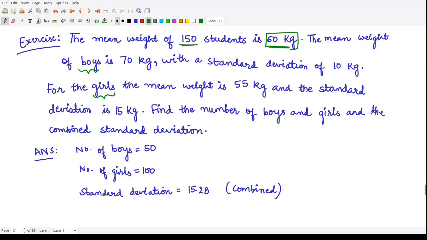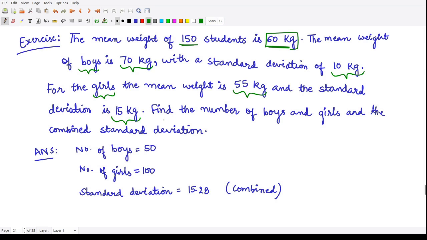For the first category, boys, the mean weight is given to be 70 kg, with a standard deviation of 10 kg. That means each boy is nearly 70 kgs with an error of 10 kg. A few boys could be 10 kg less, others could be 10 kg more, and so on. And for girls, the mean weight is 55 kgs and the standard deviation is 15 kgs.